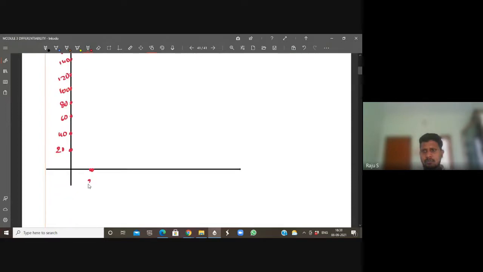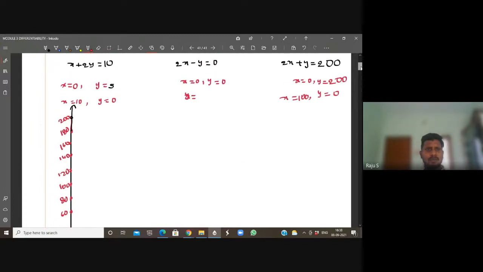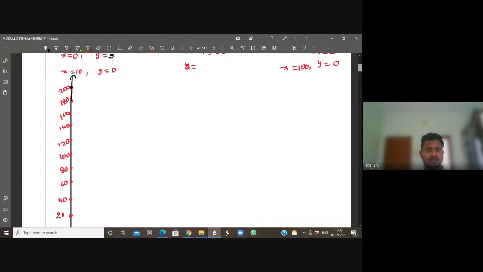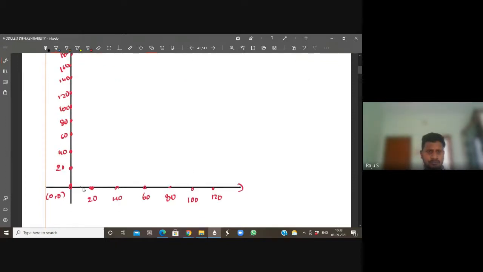On the x-axis also 20. This point is clearly the origin. First, what is the first one? When x is 0, y value is 50, when y is 0, x value is 100. Identify these points: x is equal to 100, y 50. This is 50, this is 100.